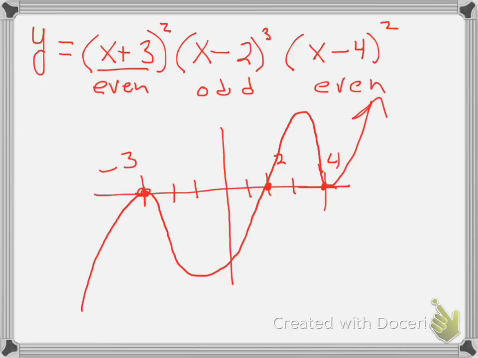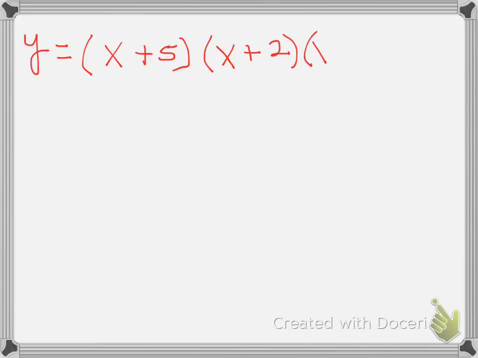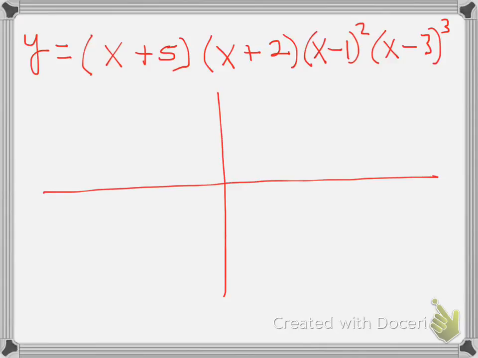Let's take a look at one more. Y equals x plus 5, x plus 2, x minus 1 squared, x minus 3 cubed. So, as we look at this, we know we have a 0 at negative 5.